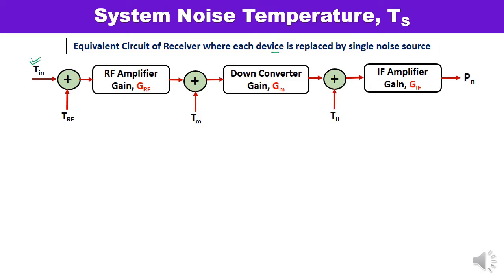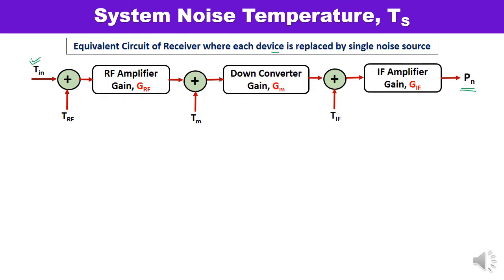TRF is the noise temperature of the RF stage, TM of the mixer local oscillator stage, and TIF of the IF amplifier stage. Each stage has been shown and their corresponding gains have also been written. At the output we get the total noise power, denoted by Pn.